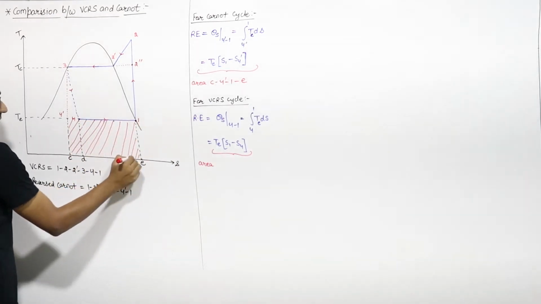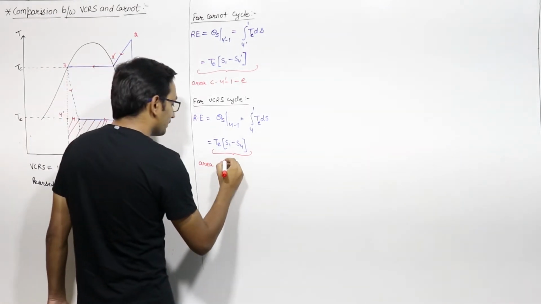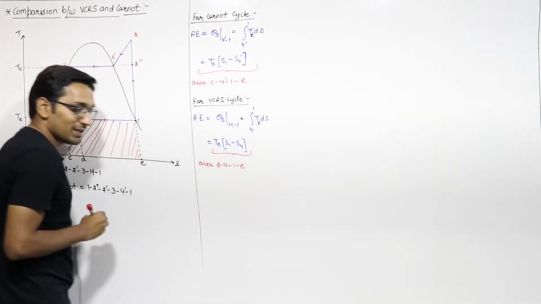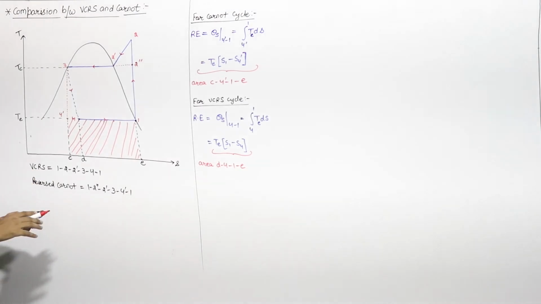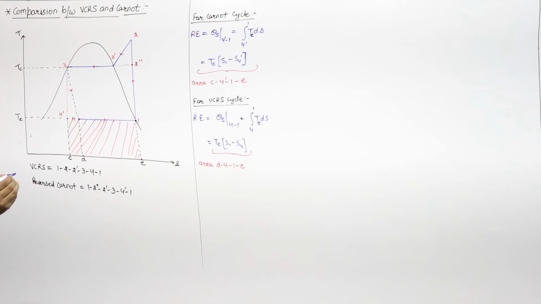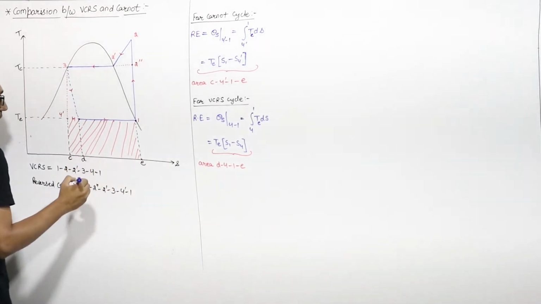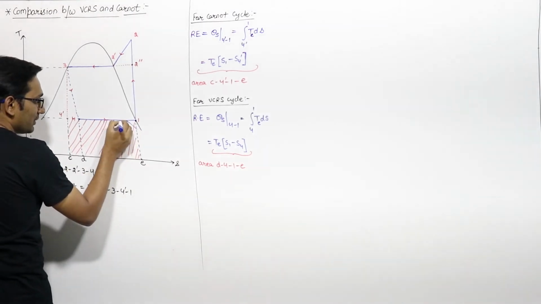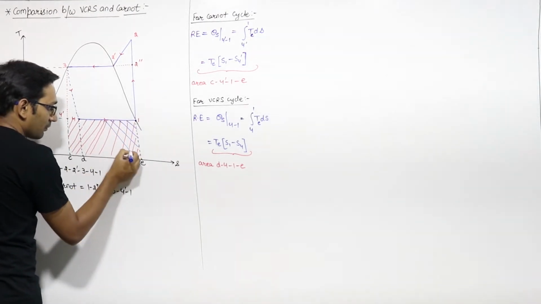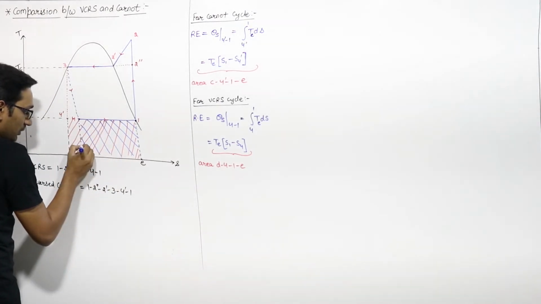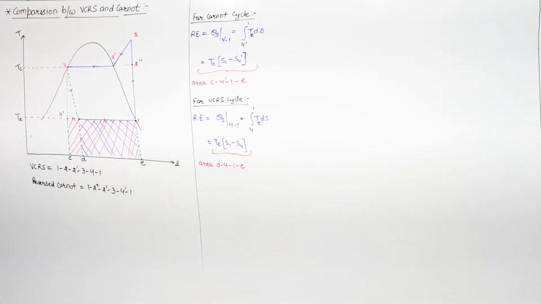This area is the refrigeration effect of the vapor compression refrigeration system. If I show this with the help of this blue marker, this area is the refrigeration effect of the vapor compression refrigeration system.